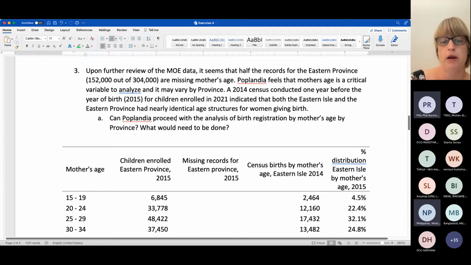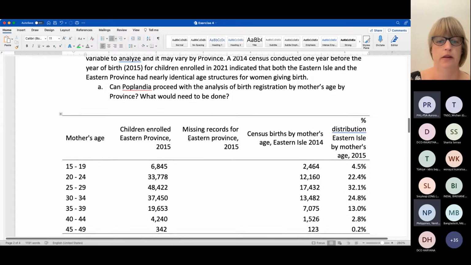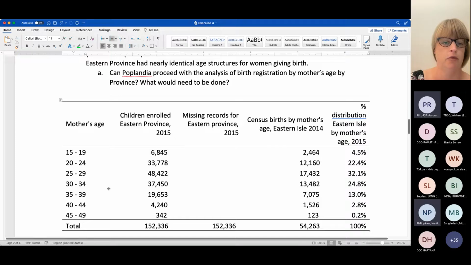So the question is, can Poplandia proceed with the analysis of birth registration by mother's age by province? And if not, maybe what would need to be done? So here you can see the table of mother's age, and then these are the children enrolled in the Eastern Province. So you can see these are the number of records that have information, and then you can see these all are missing mother's age.